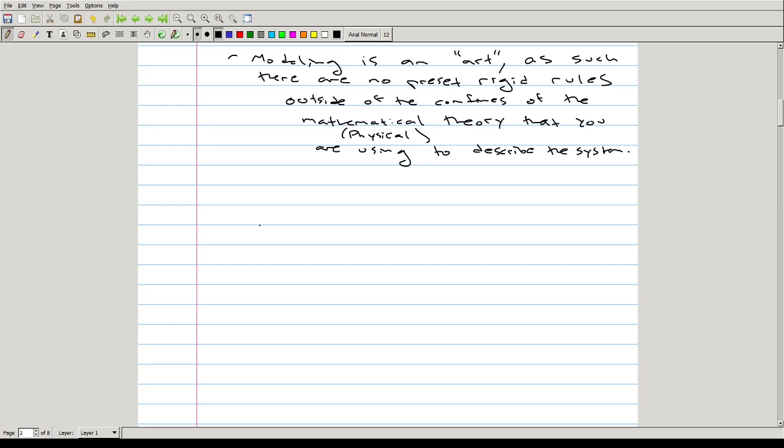And this is a very, very important point. It really is an art, and it's an art that you develop over time. So you become better and better at it with time and practice.